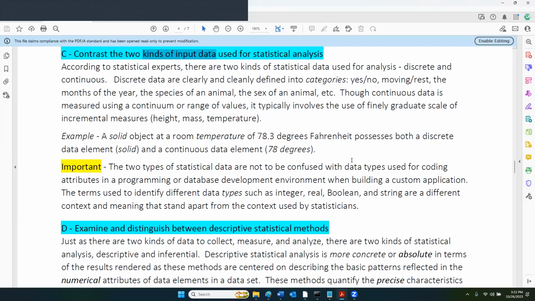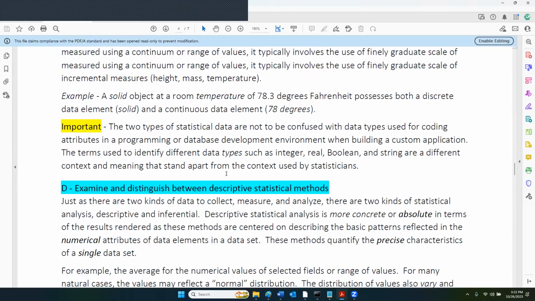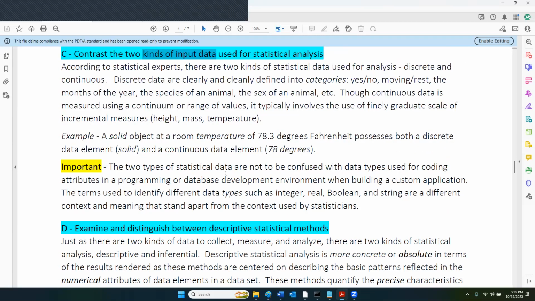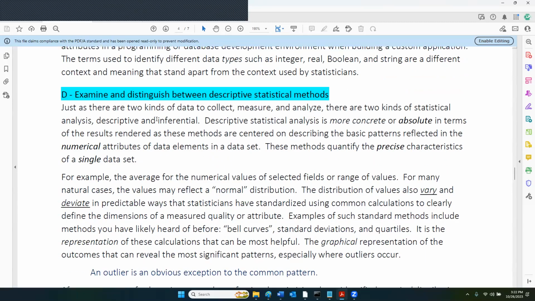So the reason that's important to understand is that when you're dealing with statistics, what I'd like to do is talk about the descriptive statistical analysis versus inferential statistical analysis. Just as we have two different kinds of data to collect and measure and analyze, there are two different kinds of statistical methods.